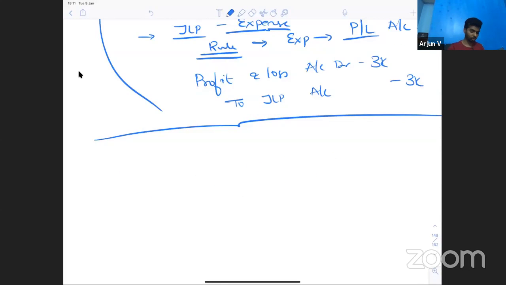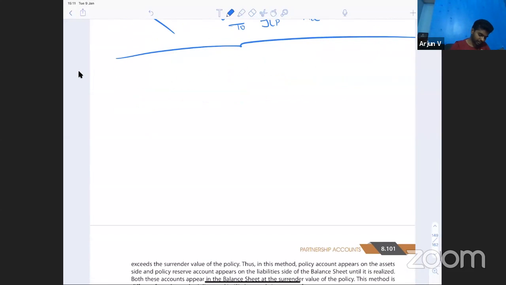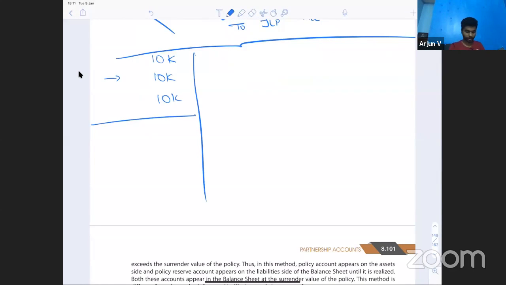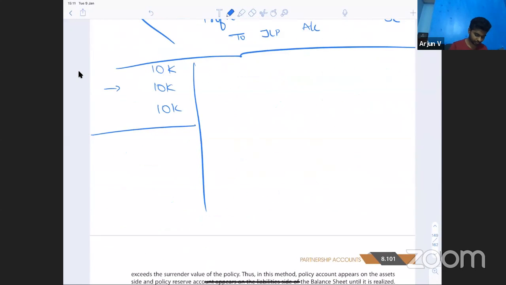What's the most important point here? Let's say each partner is covered for 10,000, 10,000 and 10,000. First year you all paid 3,000. This is going to be the journal entry.